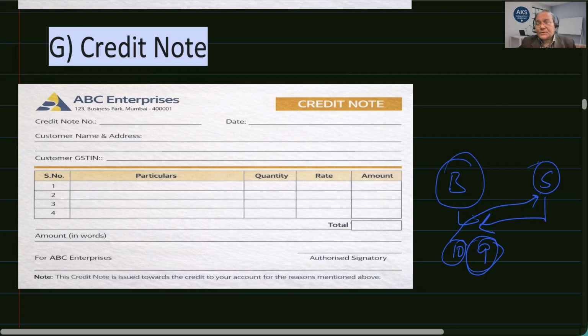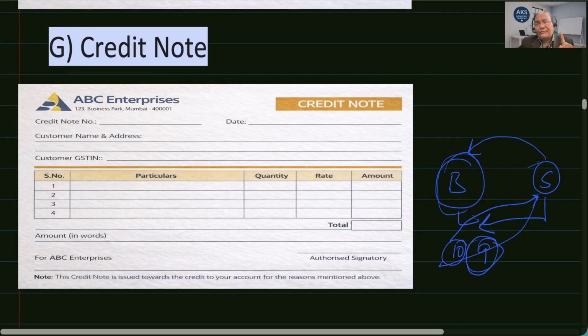So there are two options: either he supplies one more book to the buyer, or if that is not possible or not mutually agreed upon, in that case the buyer will ask for a credit note from the supplier. So the supplier issues a credit note to the buyer, mentioning that one book for which the payment has been received, or a debit has been made, is required to be credited.